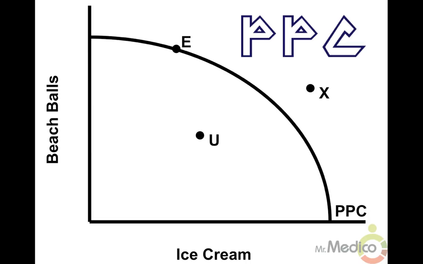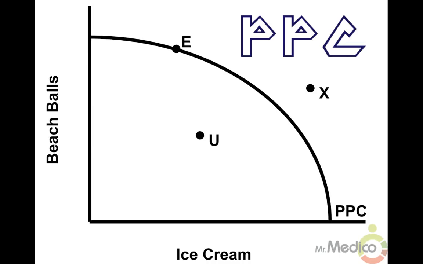So, of course, this production possibility frontier is bowed outward from the origin. It's concave to the origin. We assume that this economy can only produce two items, the beach balls and the ice cream cones. Any point along that curve, whether it's point E or any other point that would fall on that concave to the origin curve, represents full productive efficiency and fully employed resources.